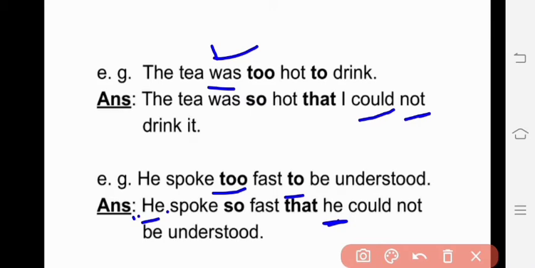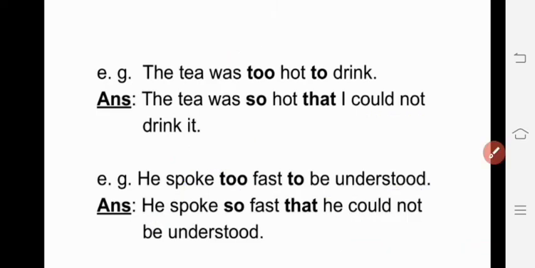Here "spoke" is given, so you have to apply "could not", and "be understood", the rest of the sentence, remains the same. There is no change in the rest part of the sentence. So when there is past tense, apply "could not", and when there is present tense, apply "cannot" while framing the sentences by using "so that".